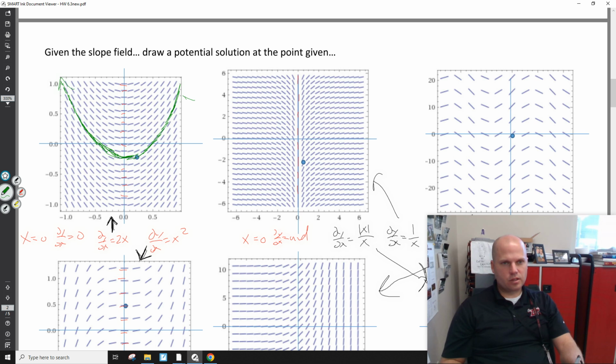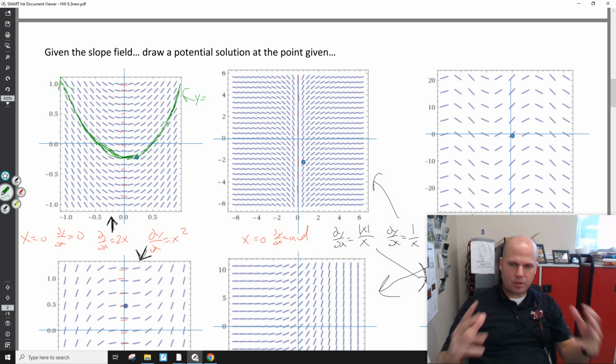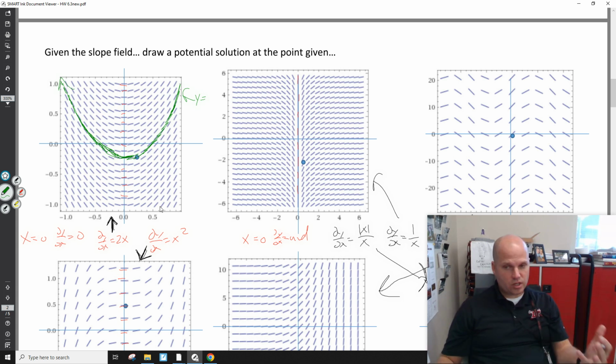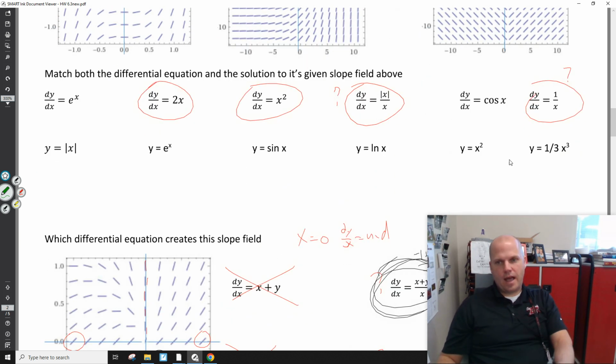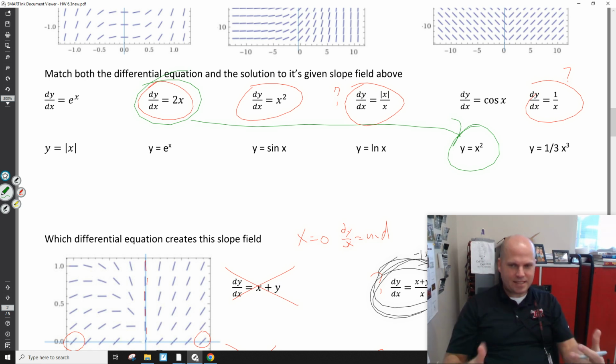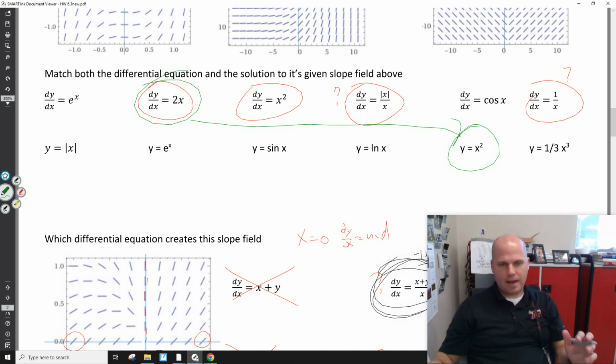This is your antiderivative. You can see what your antiderivative shape would be. You could see the equation. Oh, it's got to be some x squared. Also, you know the antiderivative of 2x is x squared. That just makes sense, like either understanding antiderivatives, you could do that.